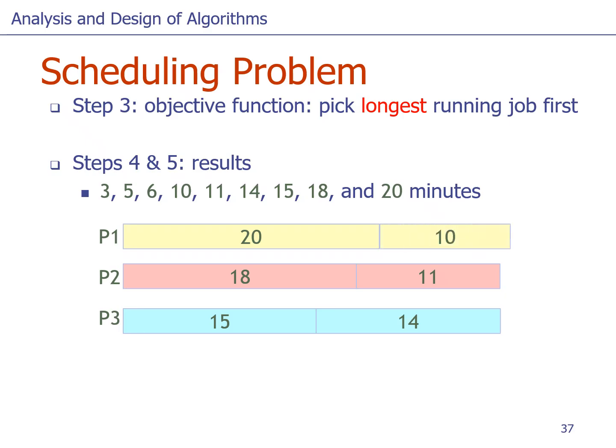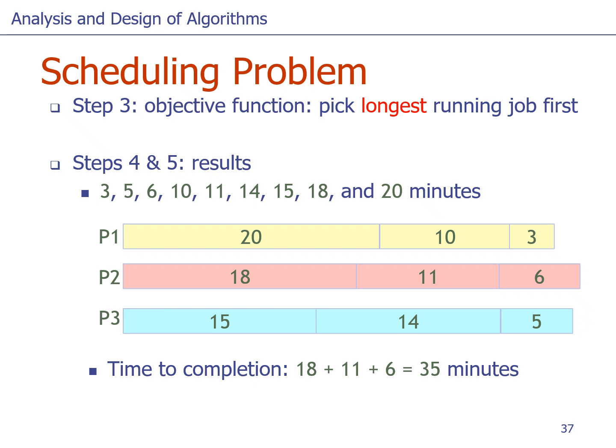Then the 18 finishes, so I put the 11 minutes after it, and then the 10 is put after the 20. Of the three currently running, say 11 will finish first, so I put the 6, and then the 14, so I put the 5, and then the 3, I put after the 10. So again, there is not a lot of intelligence involved. I'm basically applying the objective function.